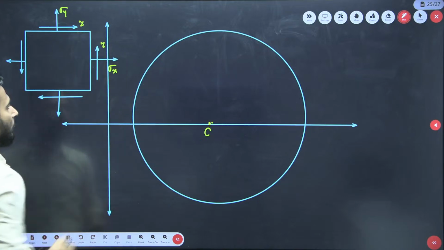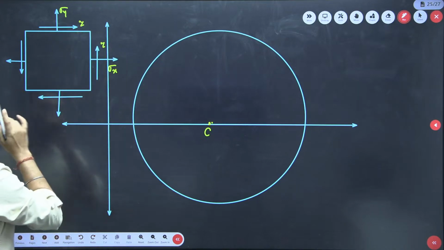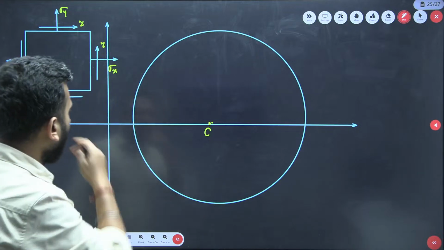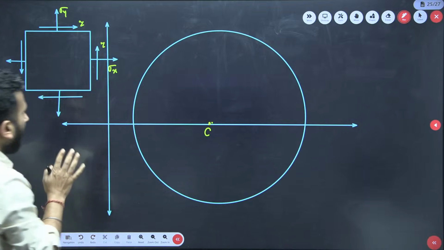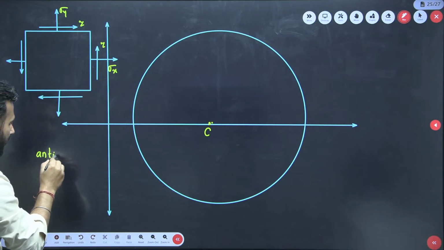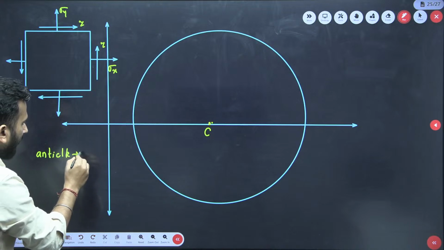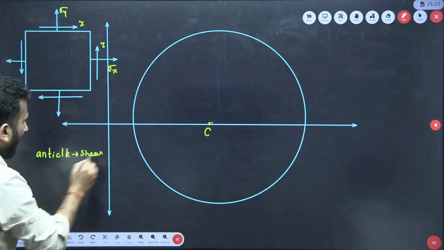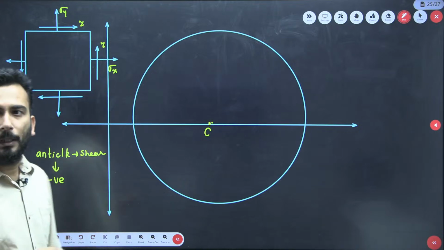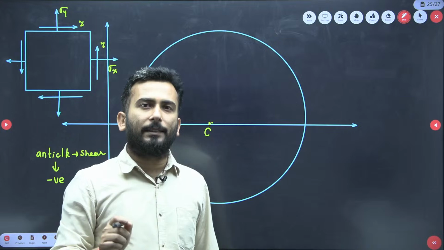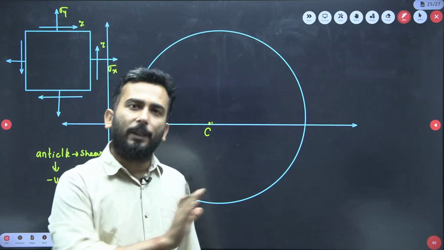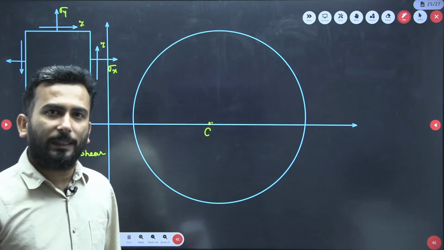Now my dear friends, see very carefully, one thing we have to keep in mind, that anti-clockwise shear is taken to be negative in case of Mohr circle. Over here one slight change is there, that when we consider anti-clockwise shear, it will be taken as negative only in case of Mohr circle. Just keep this in mind.